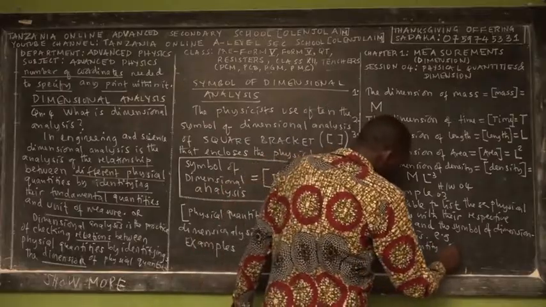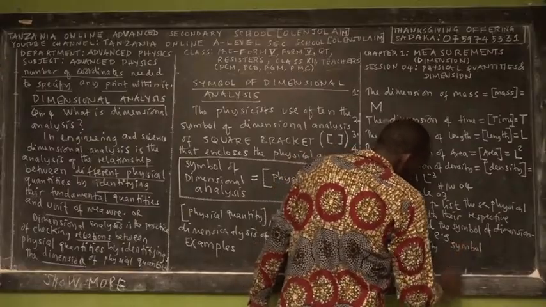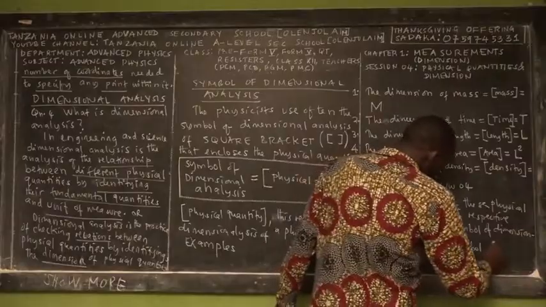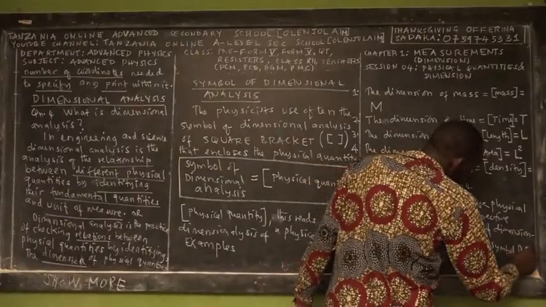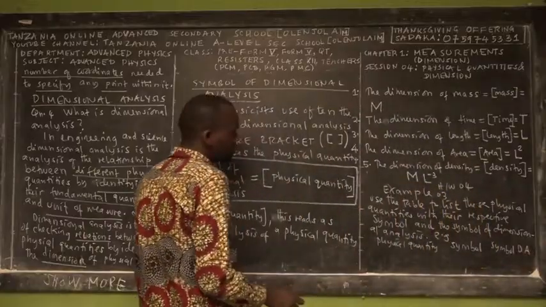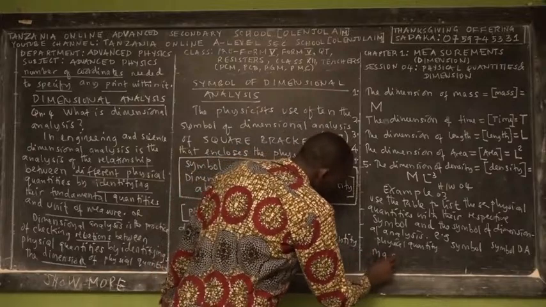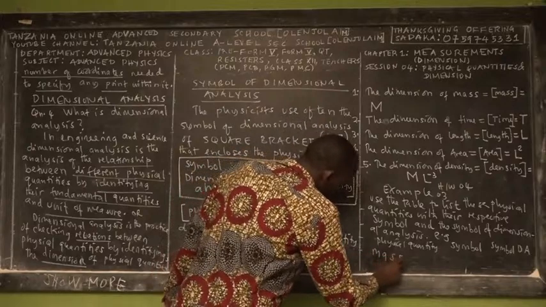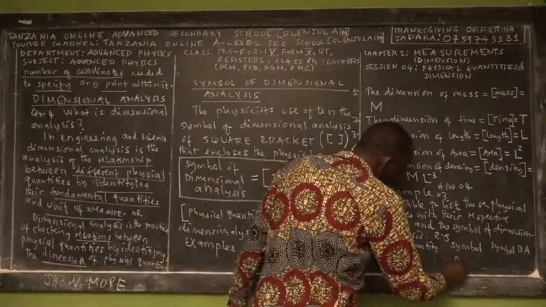And here we have what? The symbol of that physical quantity. Then we say that symbol of dimensional analysis. So for example, we have mass. Then the symbol is mass.